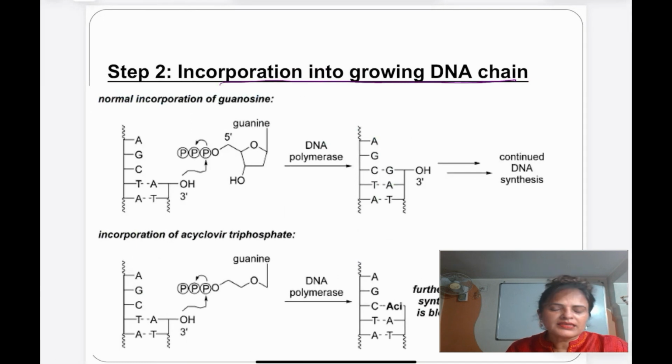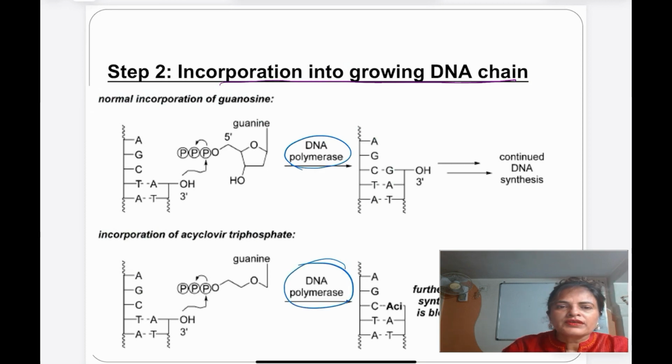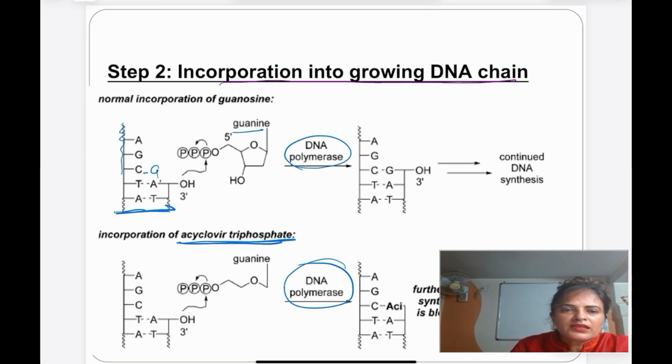Now see the second step. So incorporation by the DNA polymerase, and here DNA polymerase. This is normal: when there is synthesis of the DNA, there is incorporation of guanine with this. Now the acyclovir triphosphate, after it gets activated, then what will happen?